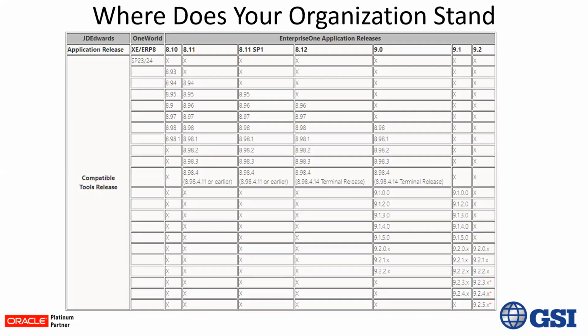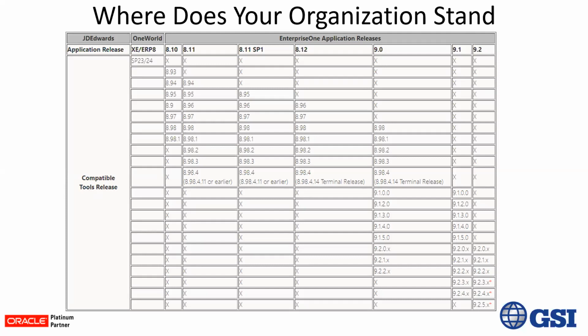So again, I just put this screen in here, and I apologize for the size of it, just to show you that if you look at the columns starting from the right side to the left, if you're on release 9.0 or 9.1, you can go down those columns and you can see the applicable tools release levels that are supported for those application releases.